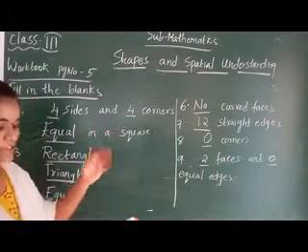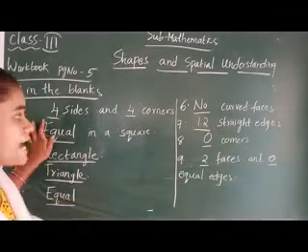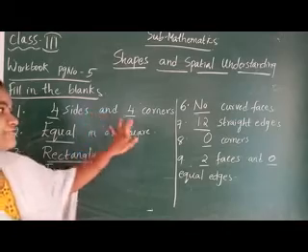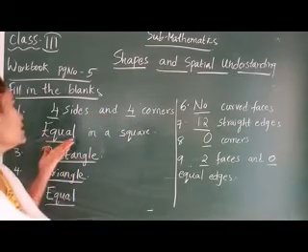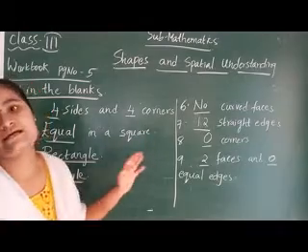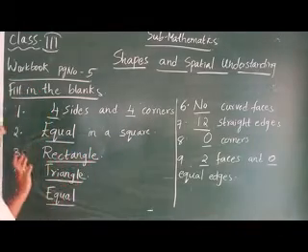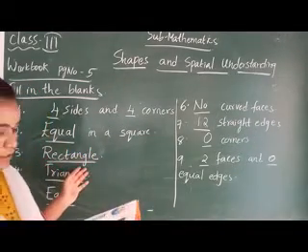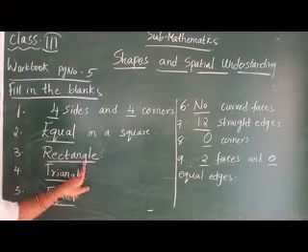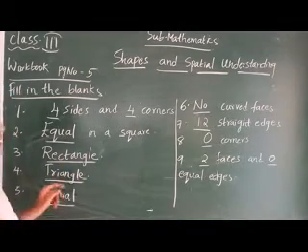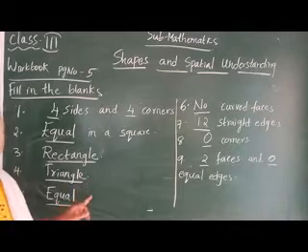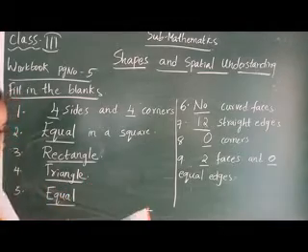Fill in the blanks. First one, a rectangle has 4 sides and 4 corners. Second one, all sides are equal in a square. Third one, opposite sides are equal in a rectangle. Fourth one, a figure with 3 sides and 3 corners is a triangle.